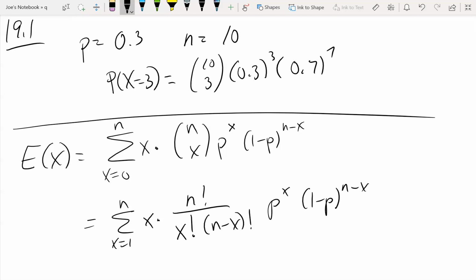That's n factorial over x factorial times n minus x factorial. I can cancel that x in front with the x on the bottom. What's left on the bottom where I canceled the x? x minus 1 factorial, right? There's an x that starts off this factorial, and the next one down is x minus 1, right? So when we cancel this x, we get x minus 1 factorial.